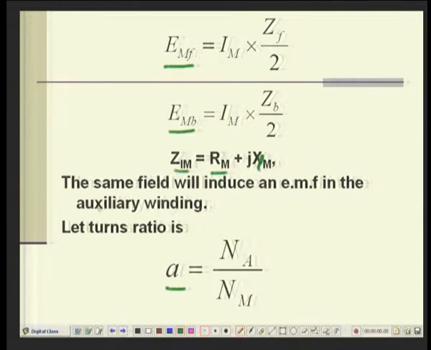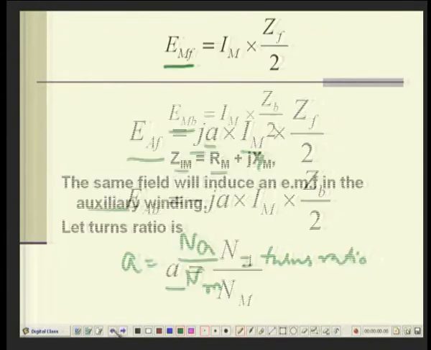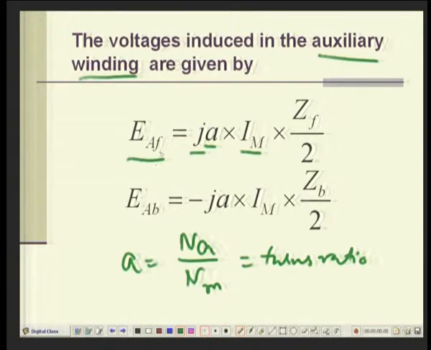Now it will induce in the auxiliary winding with turns ratio Na by Nm: EAF equals j a Im into Zf by 2, and EAB equals minus j a Im into Zb by 2. Due to the backward field it will be minus j, because it is rotating the other way around.